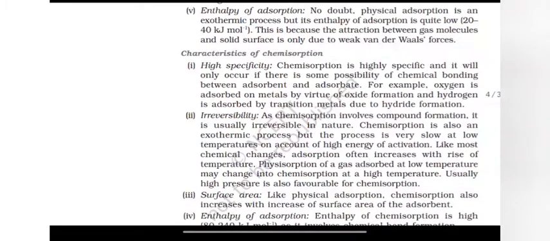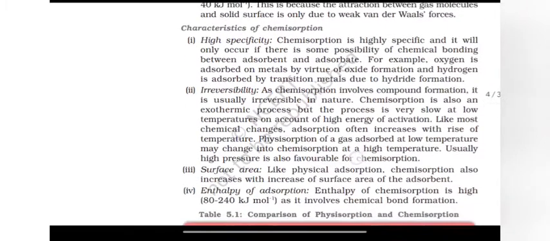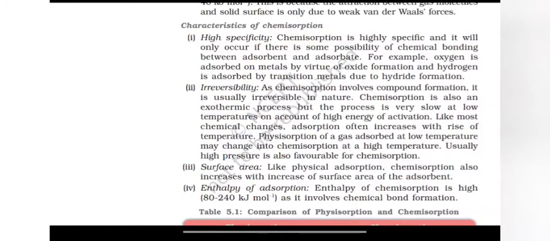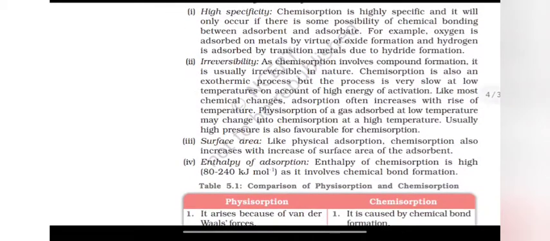For example, oxygen is adsorbed on metals by virtue of oxide formation and hydrogen is adsorbed by transition metals due to hydride formation. Irreversibility. As chemisorption involves compound formation, it is usually irreversible in nature. Chemisorption is also an exothermic process, but the process is very slow at low temperatures on account of high energy of activation. Like most chemical changes, adsorption often increases with rise of temperature.